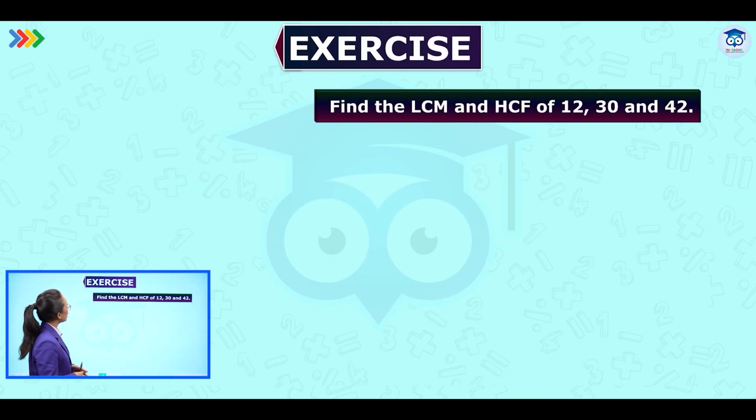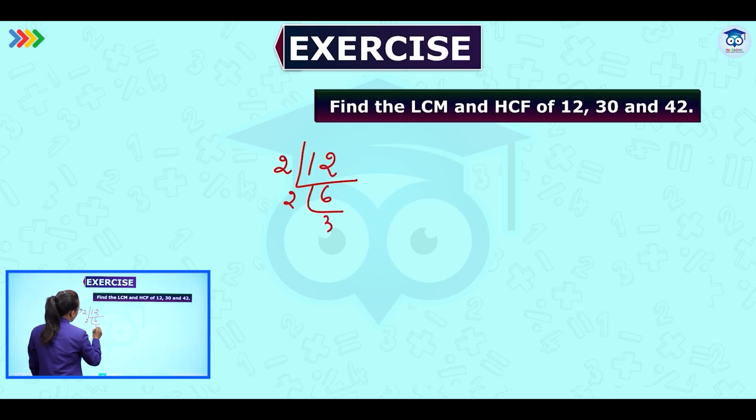Now we can see one example with 3 values. For 3 values also you can find the LCM and HCF, no doubt. For this we first find the prime factorization. For 12, we have 6 here, 2 here, 3, so 12 is 2 into 2 into 3.